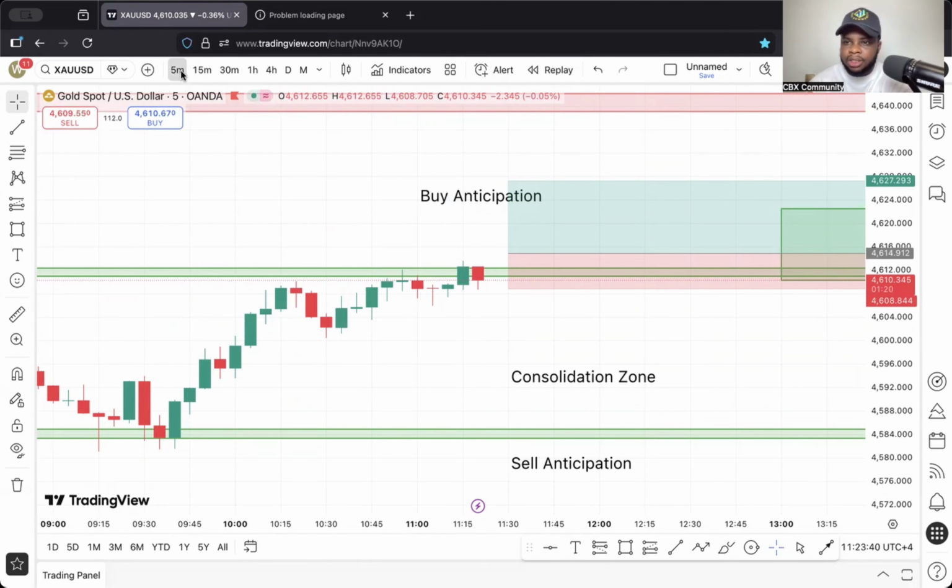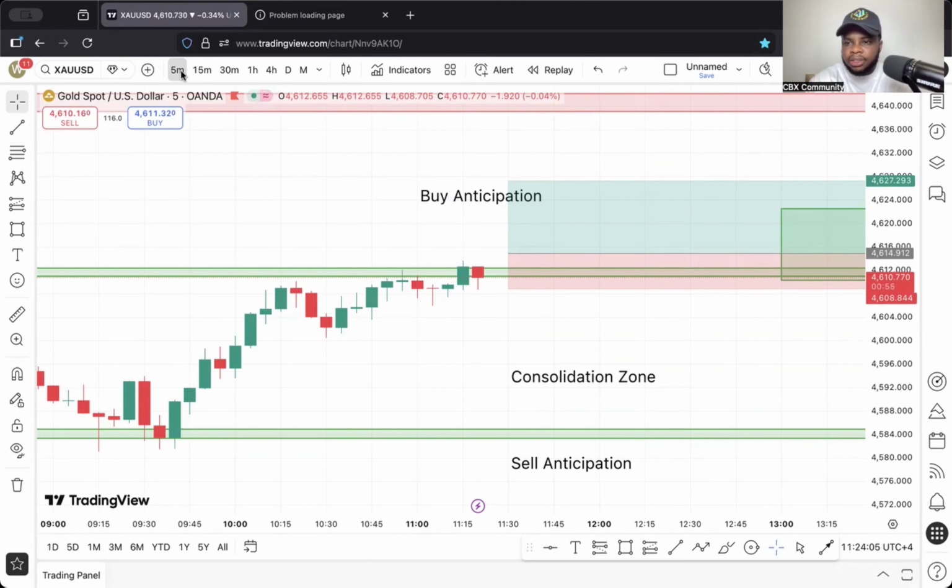You're coming to the market to anticipate the market to give you what your trading plan says. So you sit down patiently, and when you're done with your analysis and you didn't see anything, you must not open a position. It is not a must that you come to the market and see what you're anticipating. No, you don't need to do that.